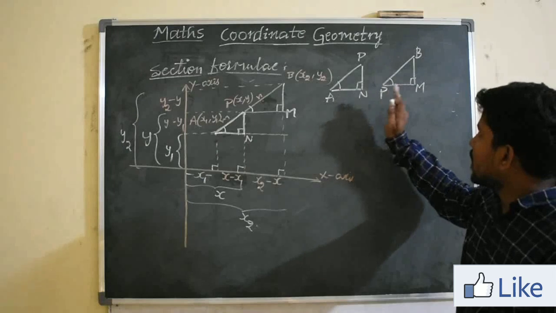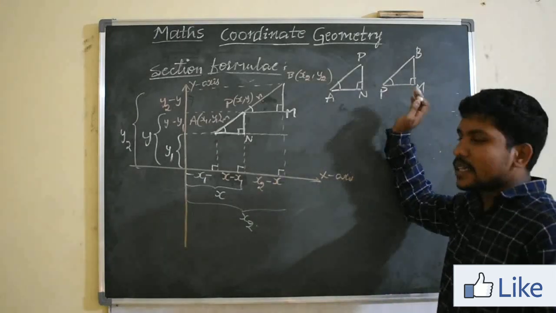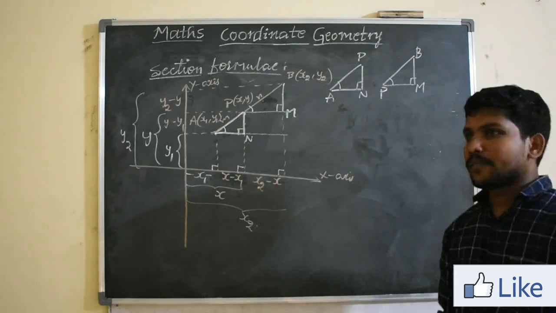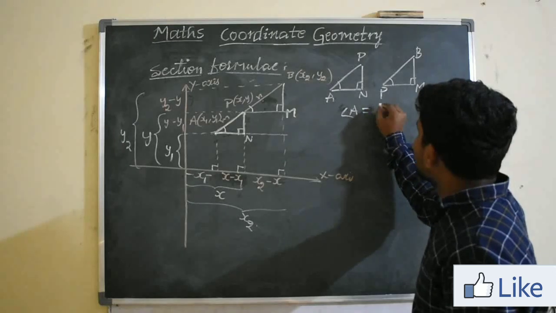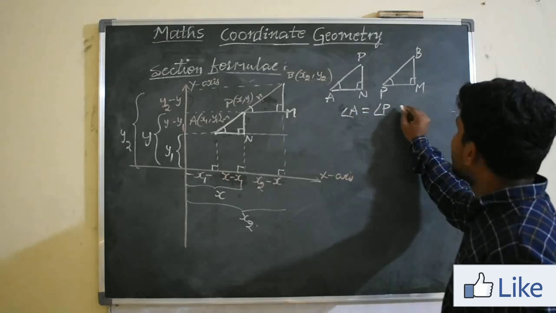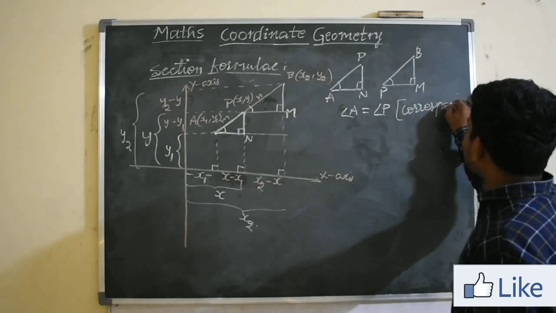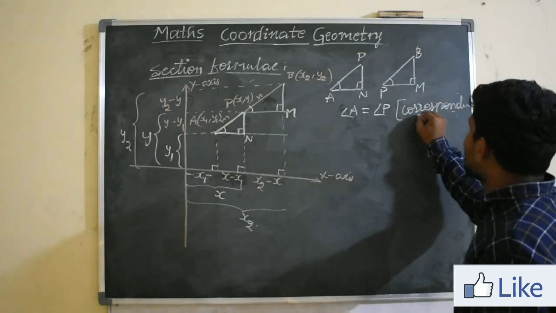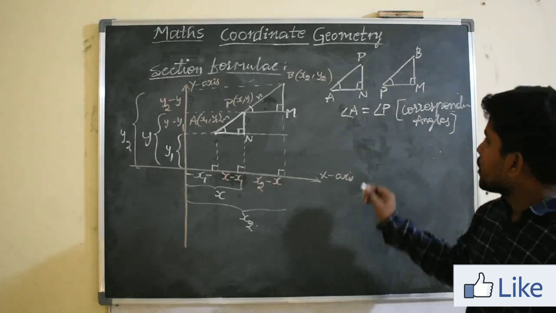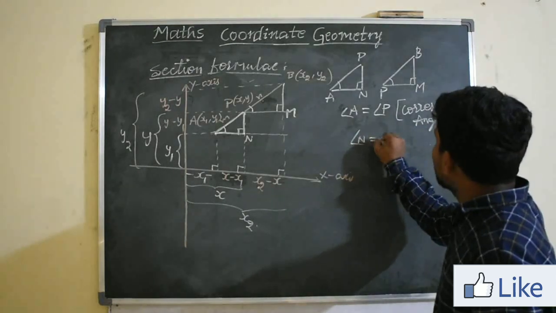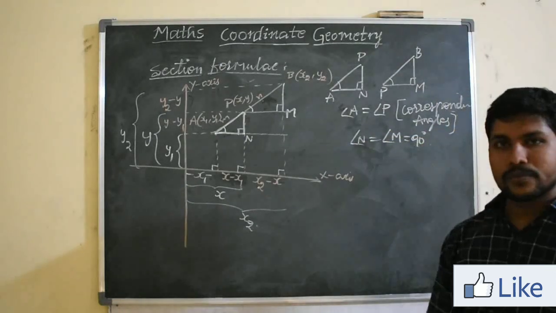Now if two angles are equal, we can say these two triangles are similar triangles. Here angle A is equal to angle P, since they are corresponding angles, as well as angle N is equal to angle M is equal to 90 degrees.